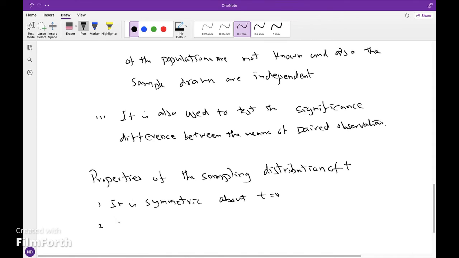Second, it has greater dispersion than the normal distribution.